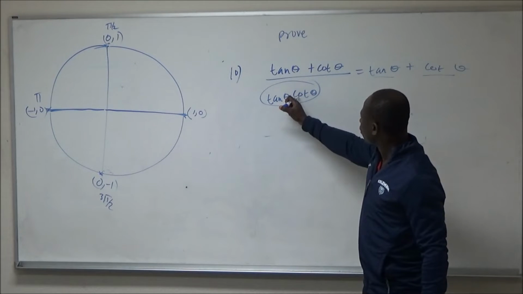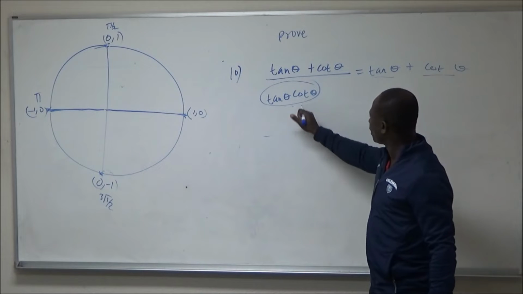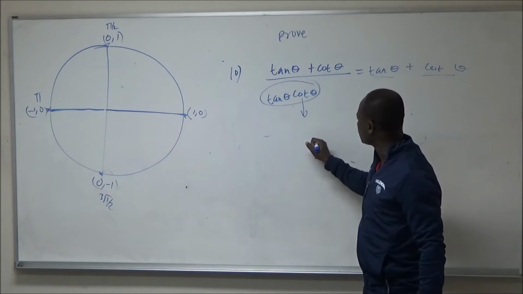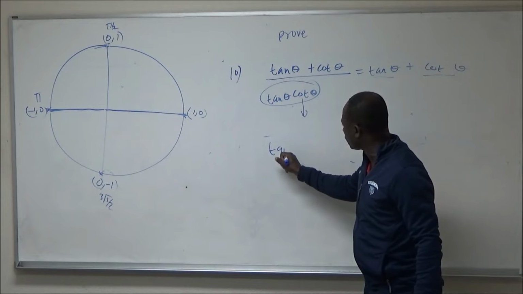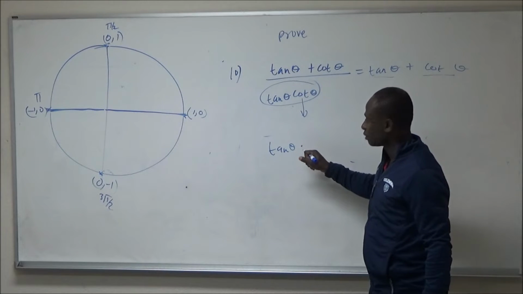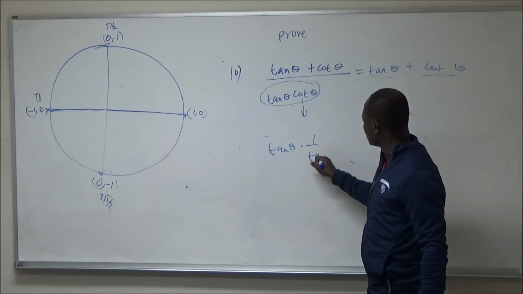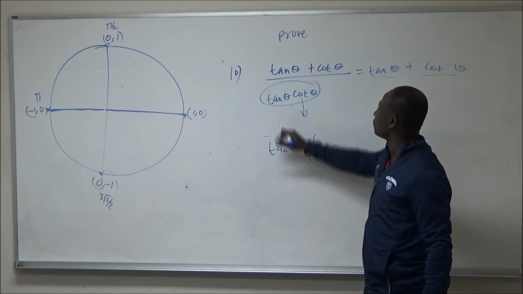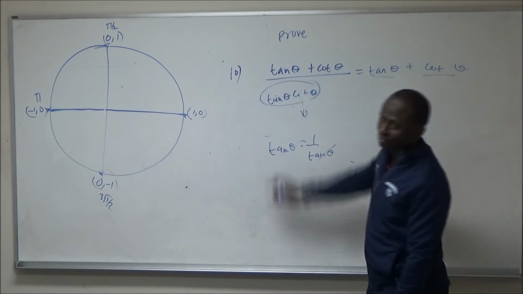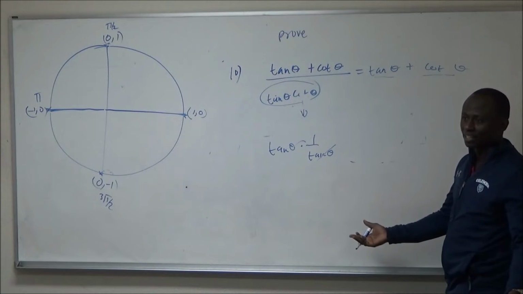Look, cotangent is just 1 over tangent. So in this place, what I would have done is I would have said, okay, I'll keep tangent the way it is, and I'll define cotangent as 1 over what? Tan theta. So this thing becomes 1. And then you get that, right? So in one step you get it.